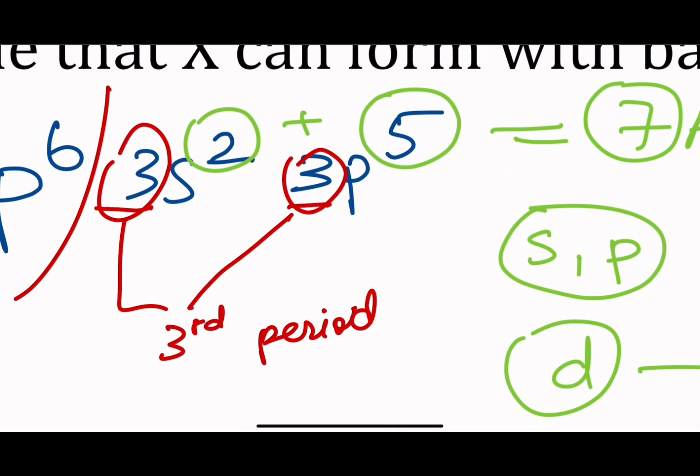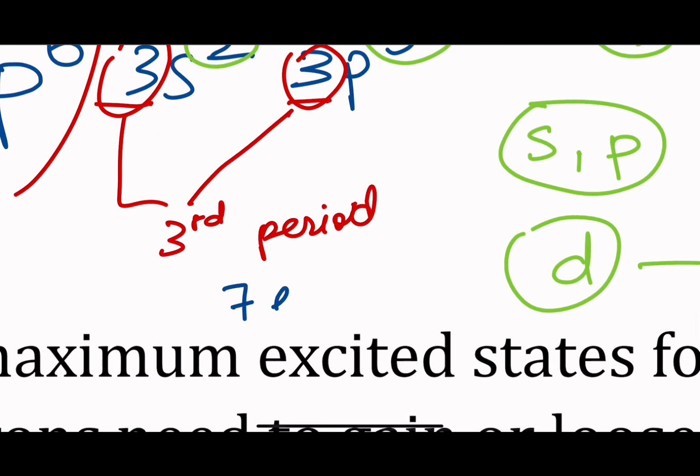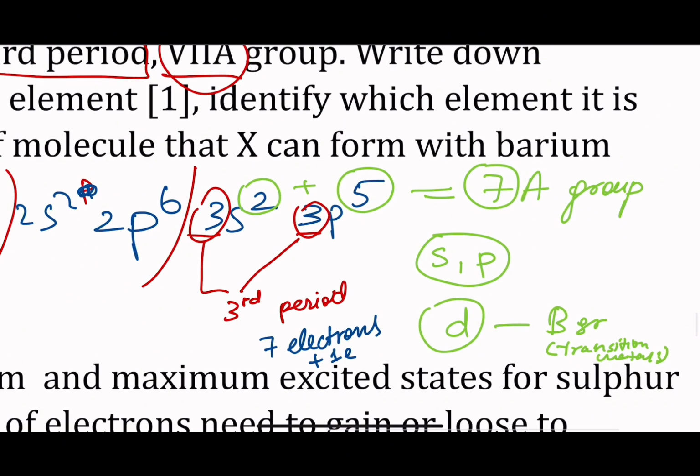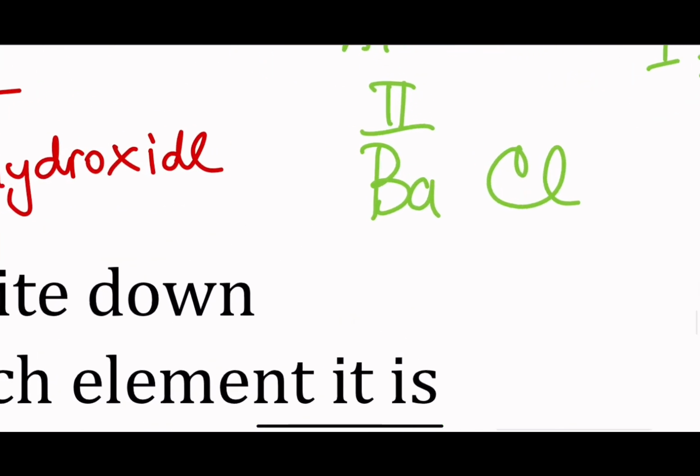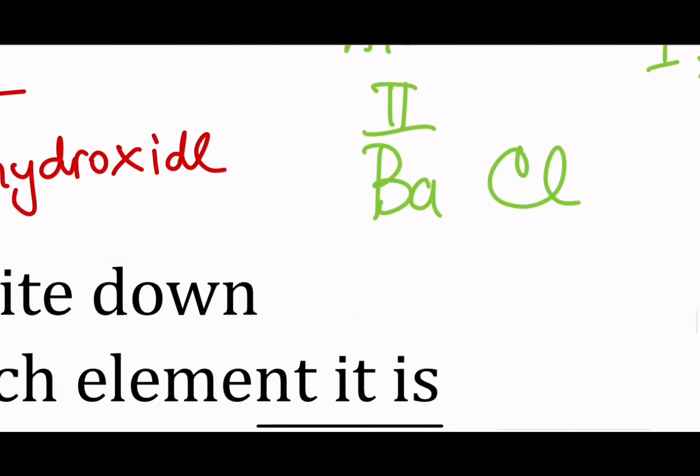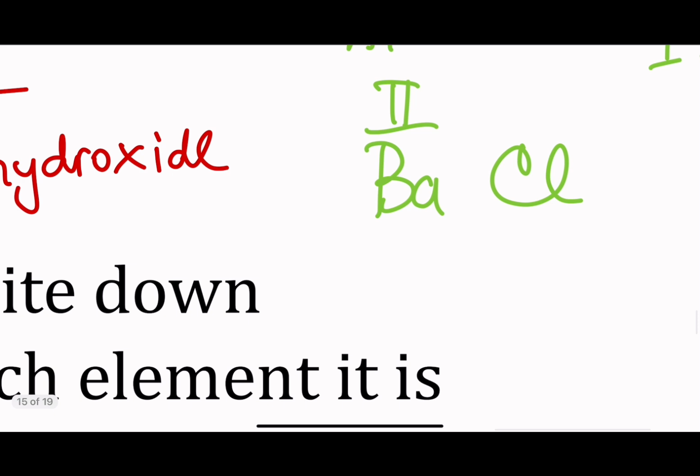chlorine needs to do what? It needs to get one more electron, right? Because it has 7 electrons. So it needs to add one more electron, and it will take it from barium, and barium will donate, because barium is in the sixth period, it ends with 6s2. It will donate 2 electrons, and 3p5 will become 3p6.